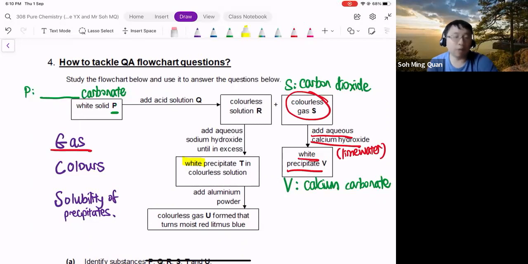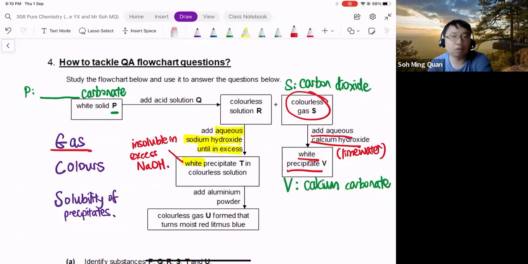So what is going on? It's a white precipitate when I add aqueous sodium hydroxide until excess. What does this actually mean? This means that the white precipitate is insoluble in excess, right? If it's soluble in excess NaOH, they would have written a white precipitate that dissolved in excess NaOH.